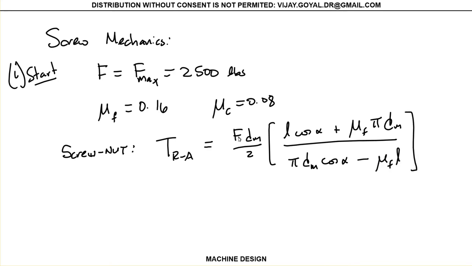And I have everything, right? I got my mean diameter, I got my lead, this is 5 degrees, I got my coefficients. If you replace that, you will find that you get 595 inch pounds.